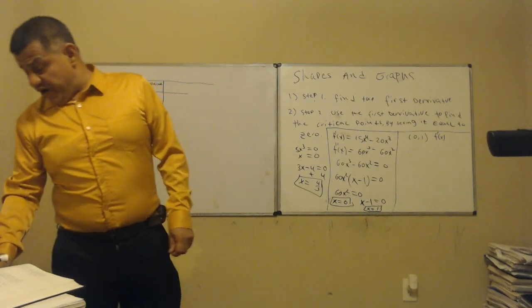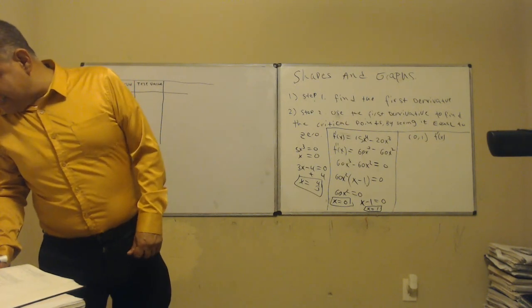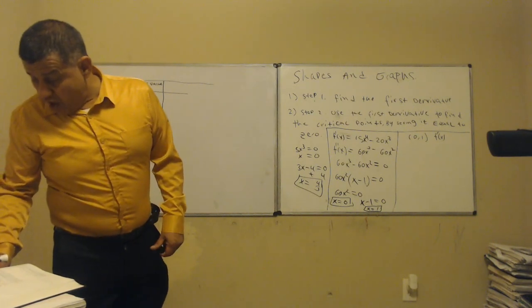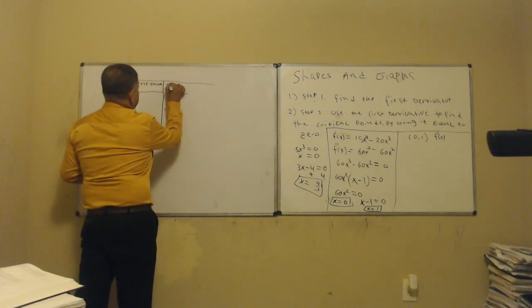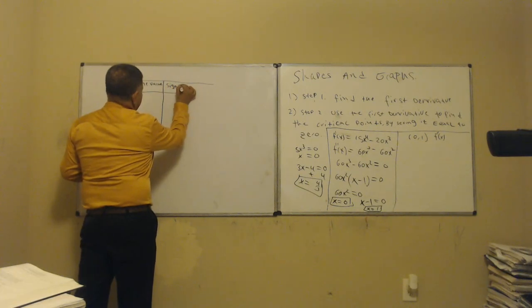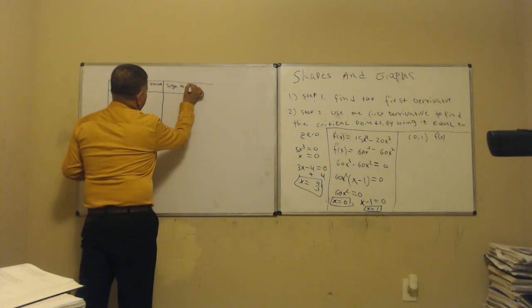The third column is called sign of f double prime of x.